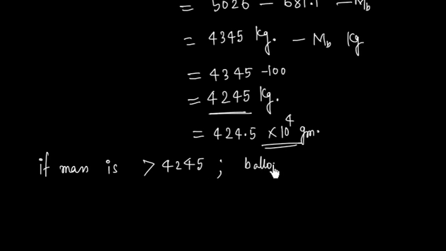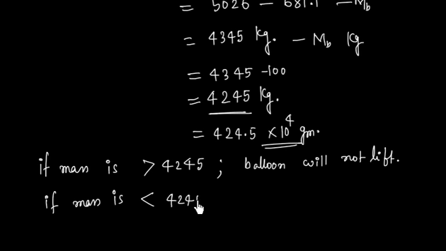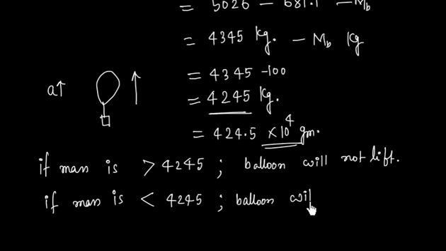If the mass is less than 4245 kg, the balloon will lift and it will have some acceleration. Downward force is less, upward force is more, so the balloon will rise with some acceleration.